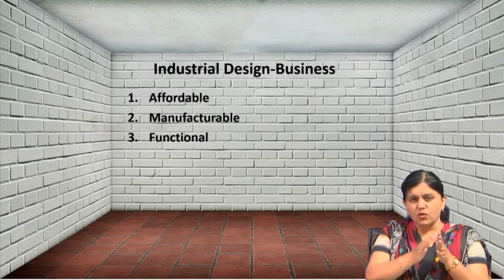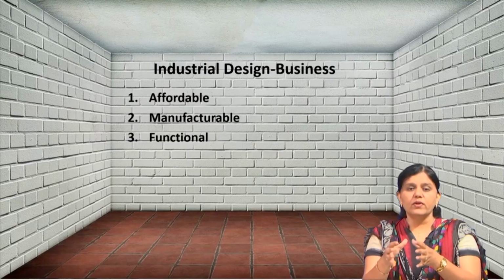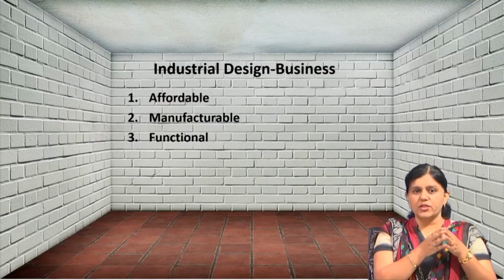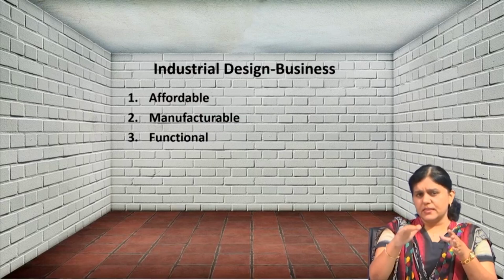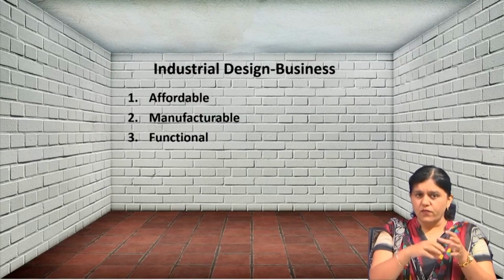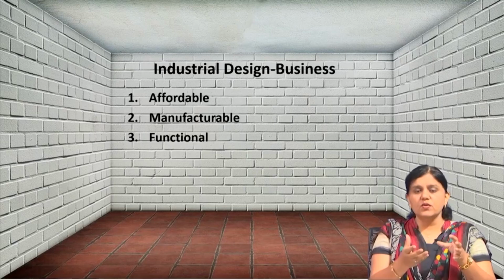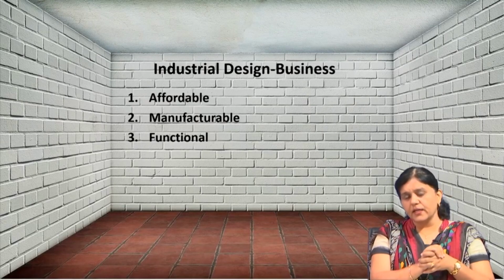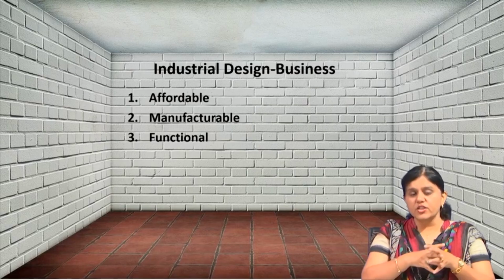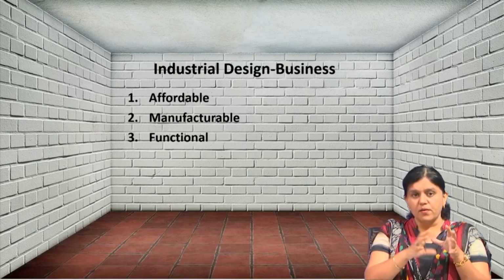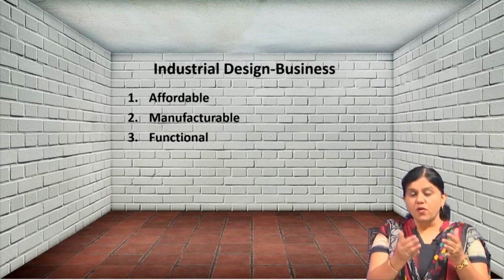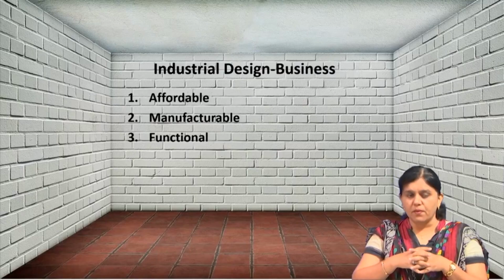Although we say in the life cycle that first product design is there and then industrial design comes into the picture, in actuality once product design starts, the design team also starts contributing when a prototype is ready, and they start giving the final shape to the product. Based on the input from both teams, the product team and the industrial design team, we get the final product into the market.